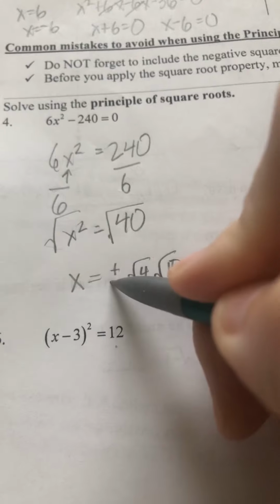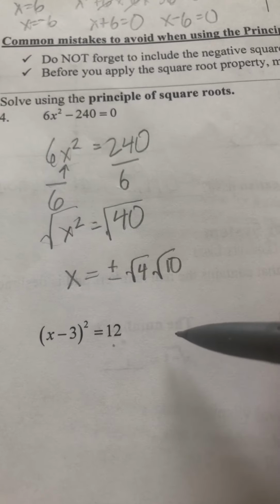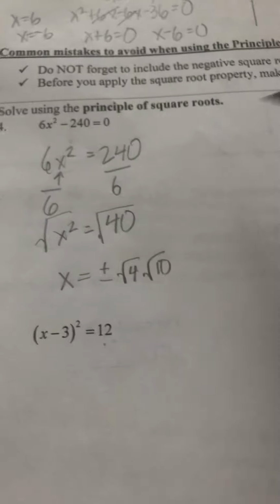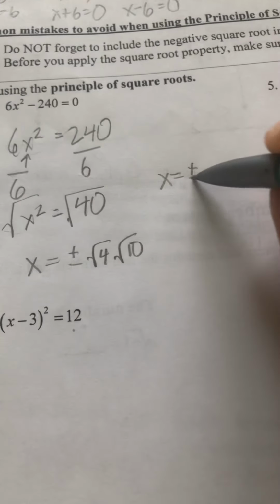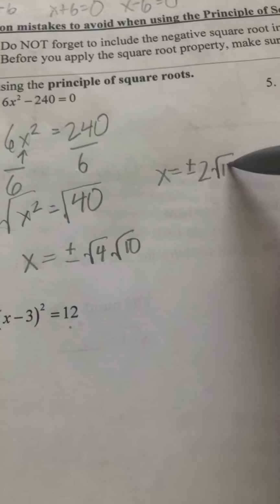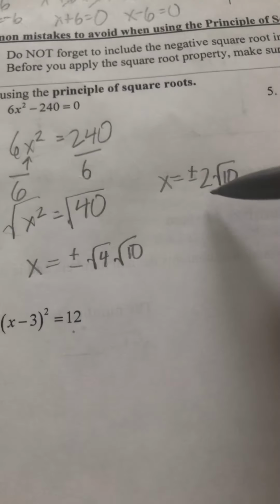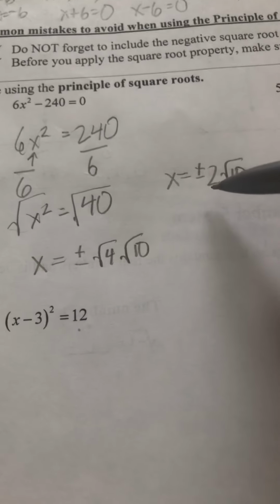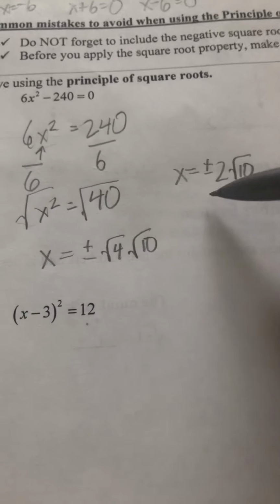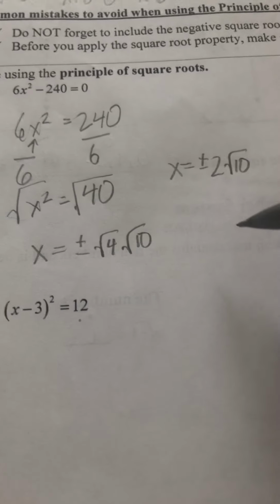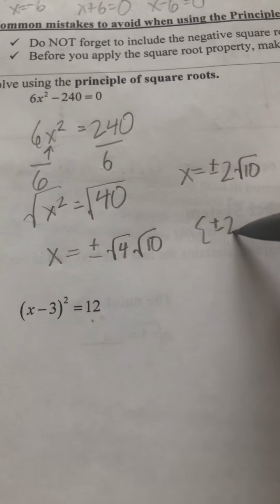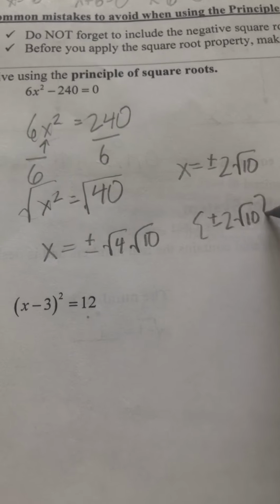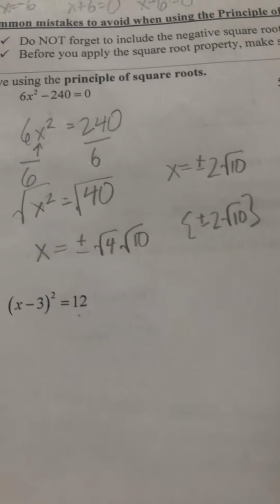Plus or minus, always. Always, you guys. So that's 2. So your answer will look like this. And that's it. That means 2 different numbers. It means 2 root 10 and negative 2 root 10. It's the two of them together. You can separate them out if you want, but you can have it written compactly also.